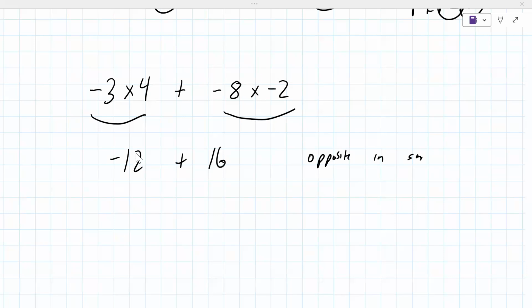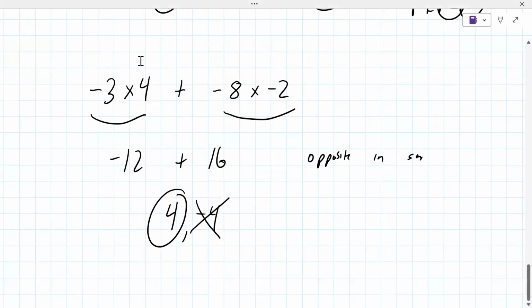It's +4 because the number 16 is farther from 0 than 12. Exactly. So it's going to be a positive. You got it. All right, let's do a couple more here.